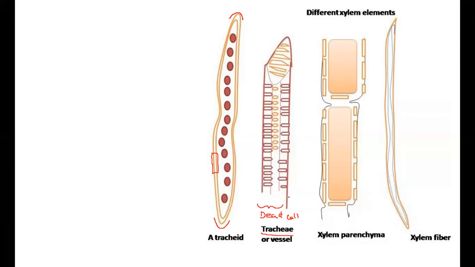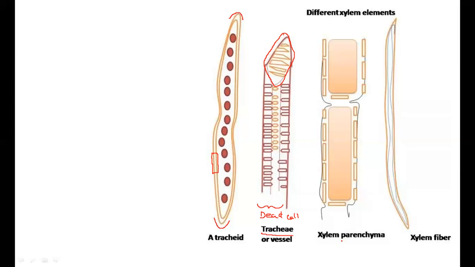The second feature present in trachea is that at the end point of the trachea it is perforated. Okay, the end of the trachea is perforated, and here a plate is present which is called the perforation plate. Through this perforation, materials can pass up and down.